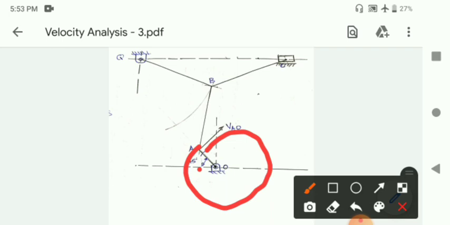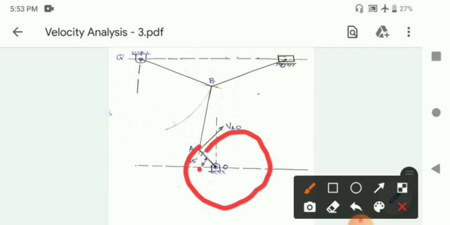That means the velocity of point A relative to O will be tangential to the curve at that point A, or the direction will be perpendicular to link OA.